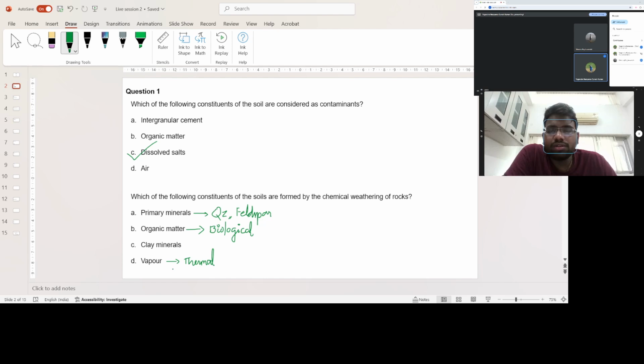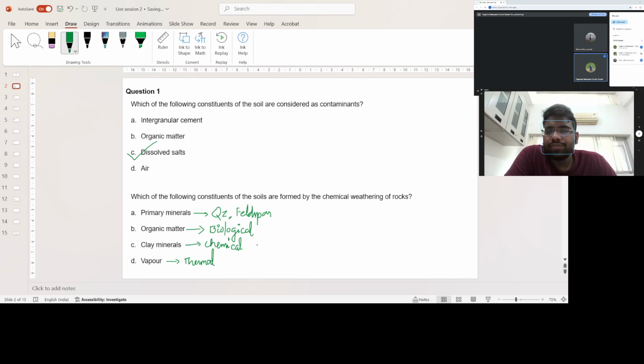Vapor may be present due to thermal effects, and clay minerals are formed due to the chemical weathering of several primary minerals. So it is due to chemical action or chemical weathering.